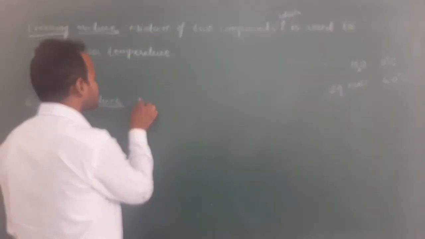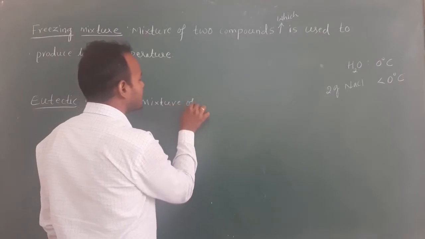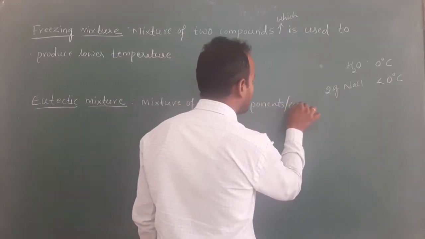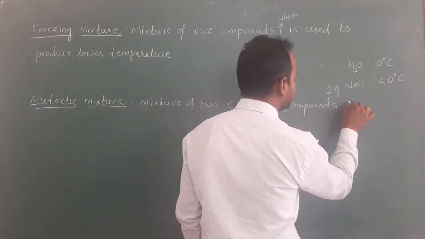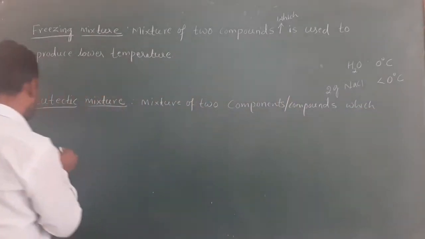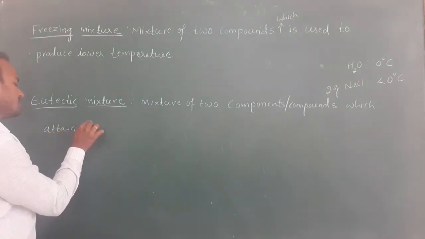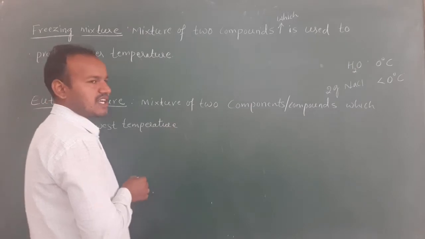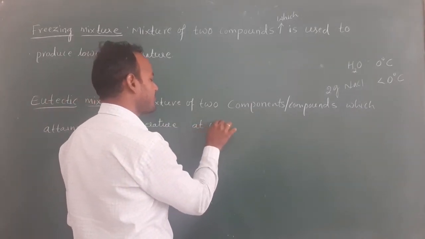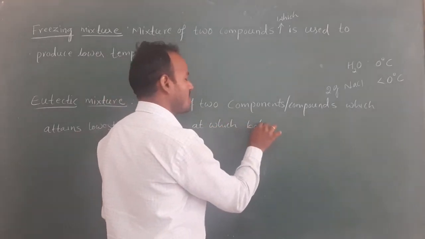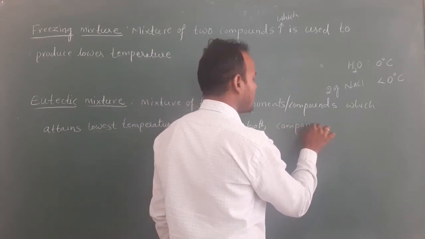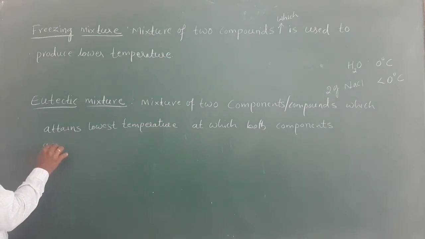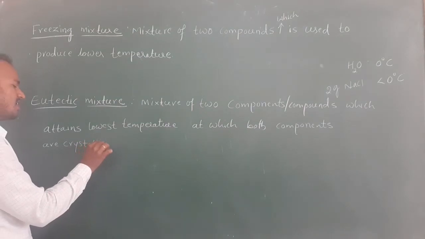So again we can say it is the mixture of two components or any two compounds which attains the lowest temperature at which both the components are crystallized.